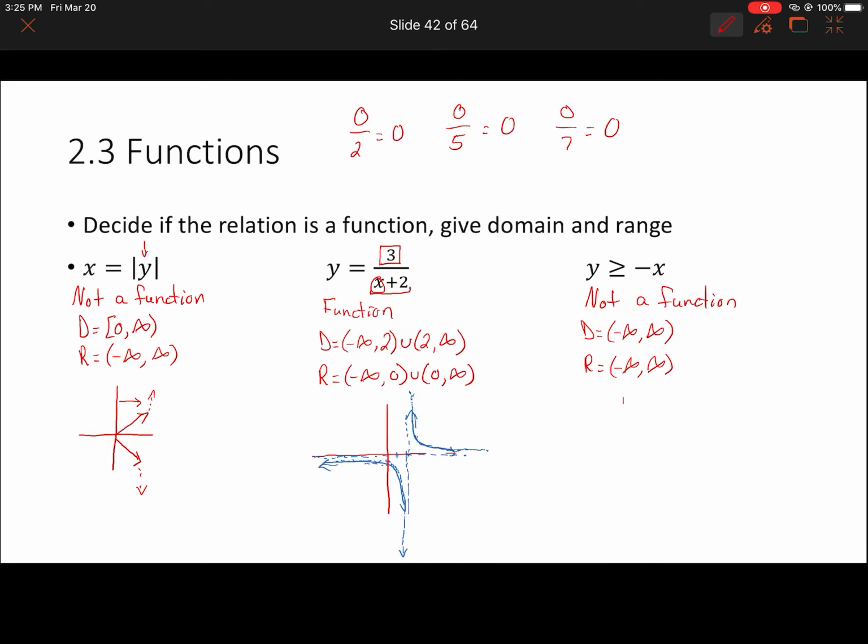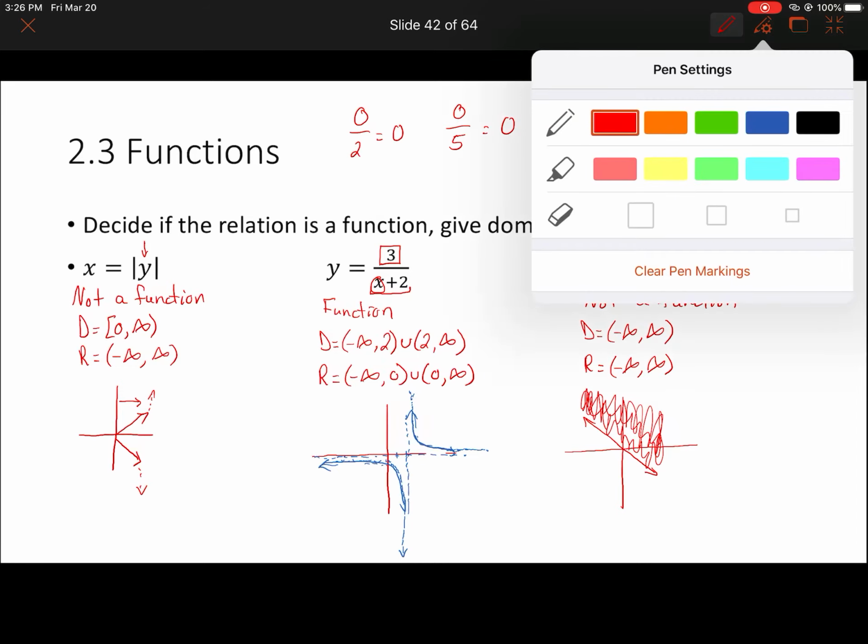Now, somebody may ask the question, well, why is it not a function then? Well, that's a great question. I'll give you a sketch to kind of illustrate this. The graph of this inequality is going to look something like this. But because this inequality says y is greater than that negative x, there's actually some shading that happens that's part of the graph above that line.